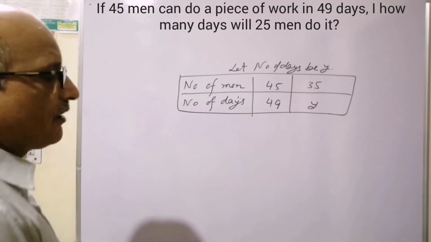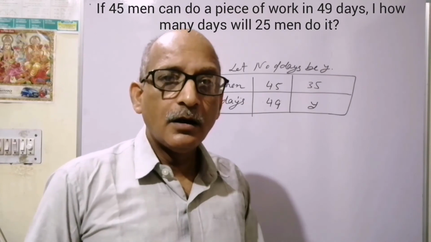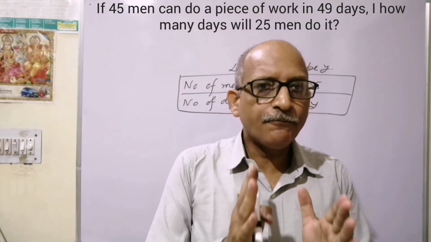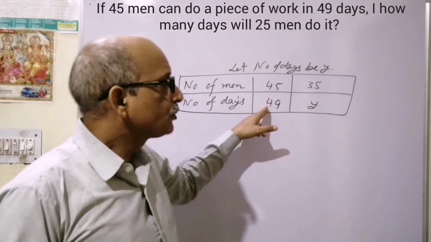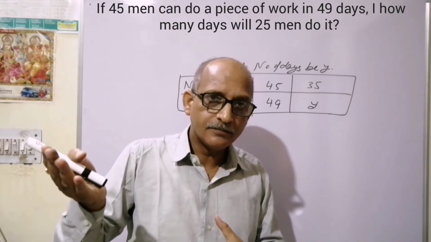So again we'll think on it, whether it is direct variation or inverse. Let's see. If there are 45 workers and they are finishing in 49 days, if the number of workers is reduced, I think the number of days will be increased.